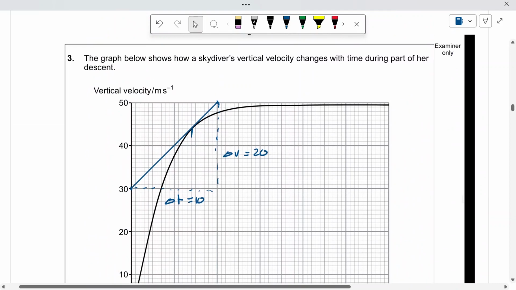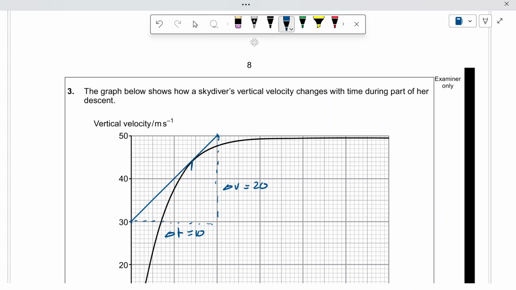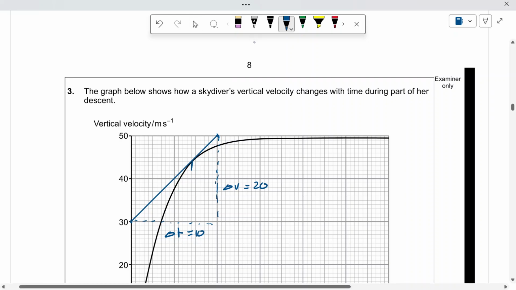Little bit of exam technique. In general, when you're finding a gradient or finding something from a graph, I would strongly recommend writing onto the graph what you've actually done. So drawing construction lines like that for finding a gradient is generally very good practice because it makes it explicitly clear to the examiner where your numbers have come from.